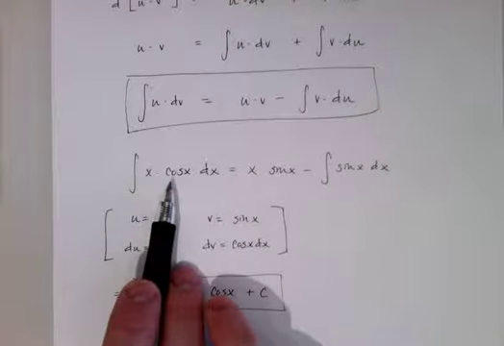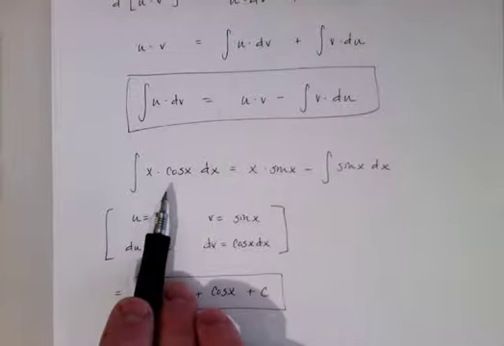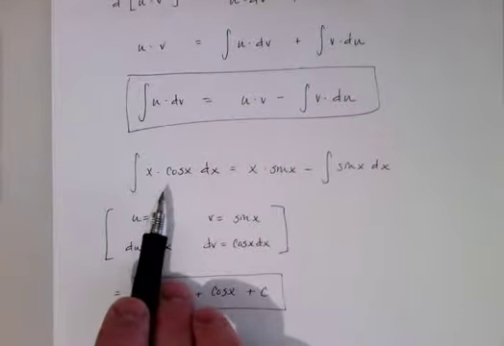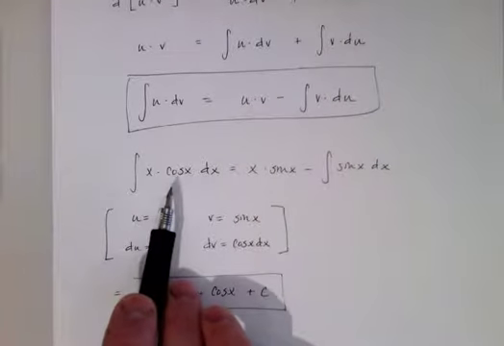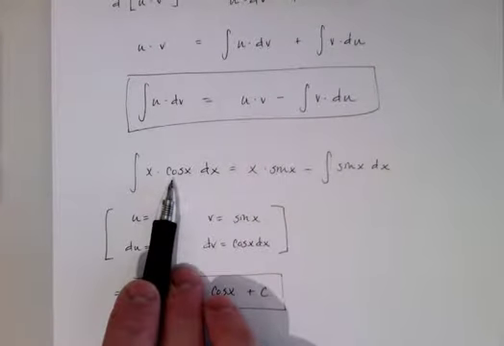Well, cosine x is not going away, because the only thing that happens if you differentiate it or integrate it, either way, is that it just flip-flops back and forth between sine and cosine, positive for two, then negative for two, then positive for two, then negative for two. So basically it changes sign, and then flips back and forth between sine and cosine. So this is not going away.